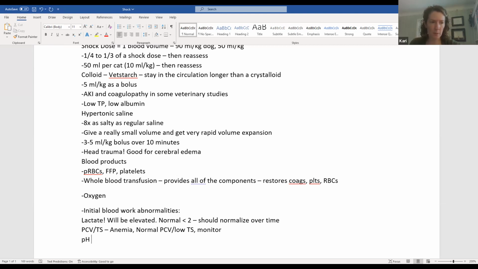So Tommy's question was about using LRS, which is lactated Ringer's, as a volume expander or as a bolus fluid for patients who have shock, or really patients who have any medical condition. It's important to realize that the lactate that is in LRS is not the same as the lactate that we are measuring directly on our blood gases or on the lactate meter.